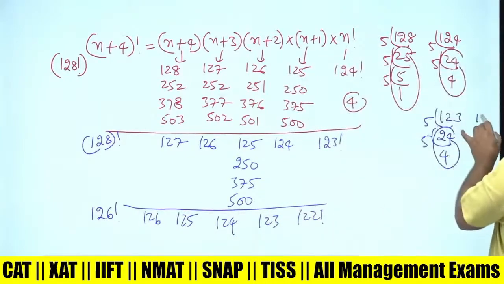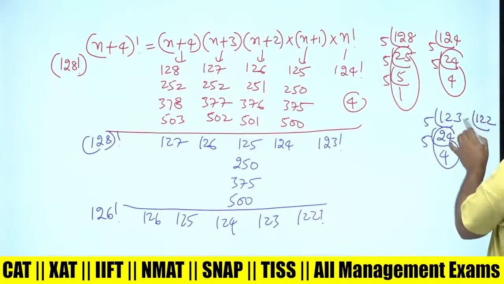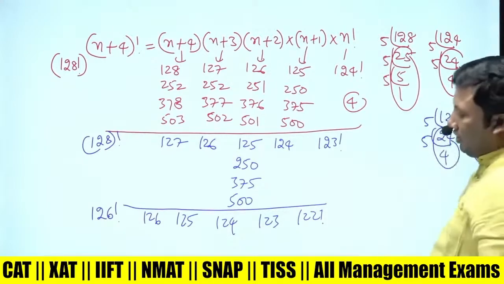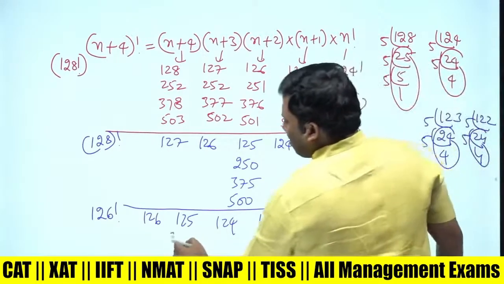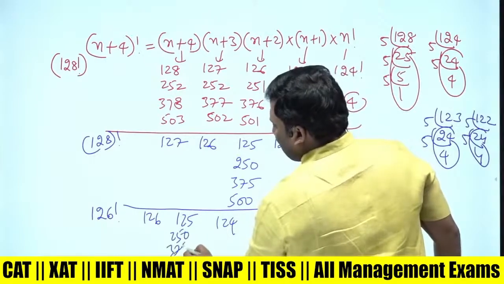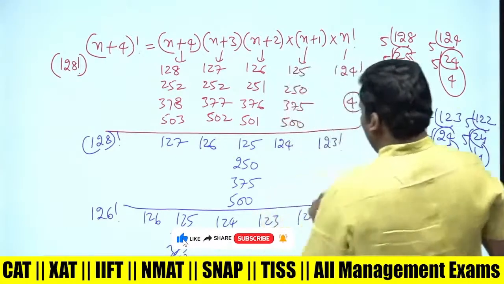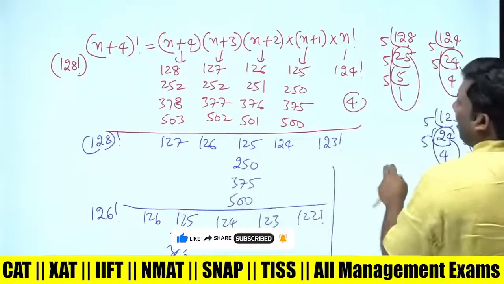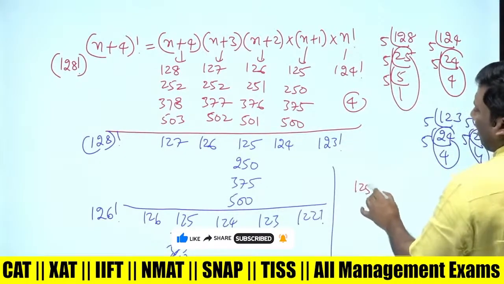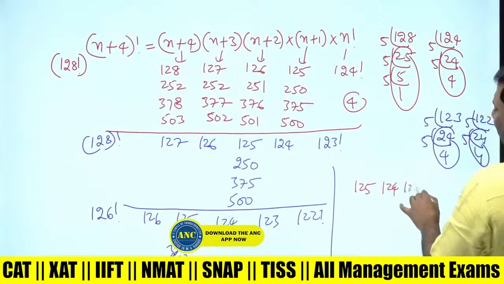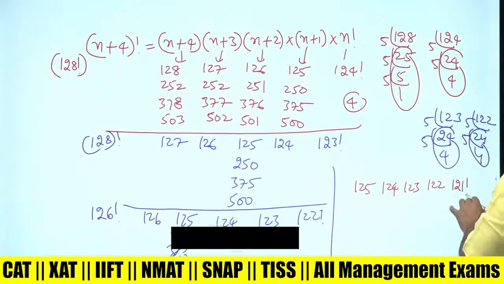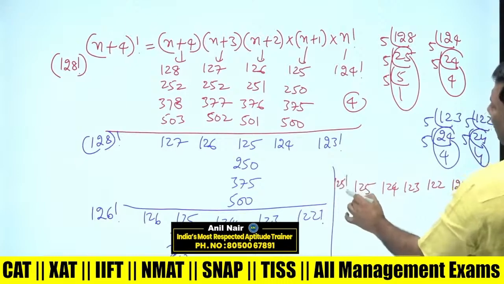Anyway, 123 number of zeros will be the same, again it will be 3. I hope it is clear. So this will be 250, 375, 500. What is the last case? N plus 4 can be 125. I wrote it so that it will be clear. 125, 124, 123, 122, 121 factorial and 125 factorial.